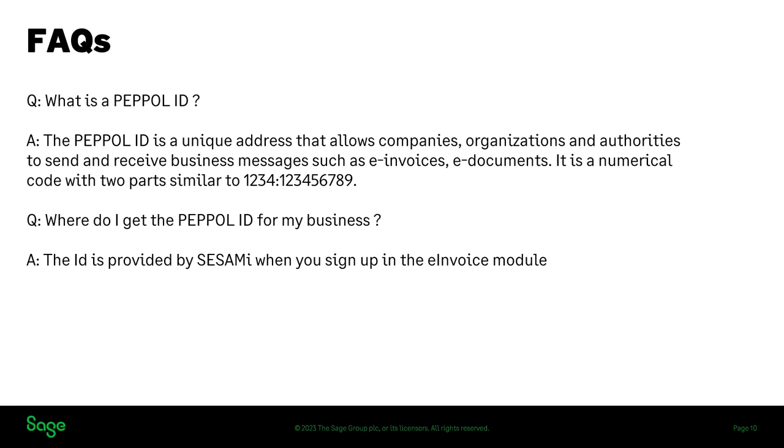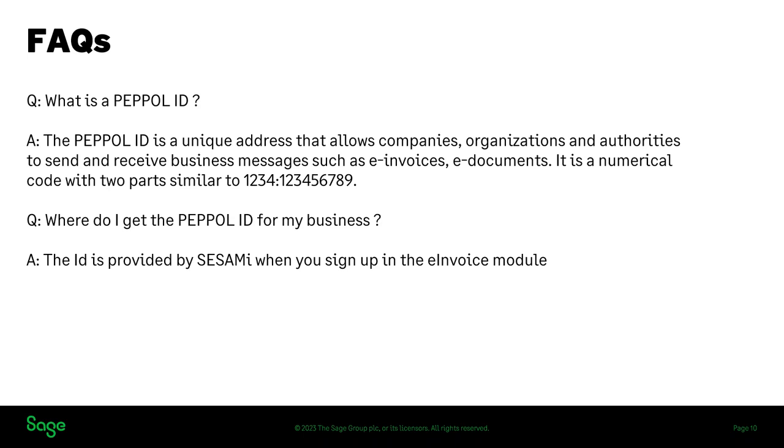It's unique to you as a business, and that number is recognized internationally, right? So if one day North America adopts PEPAL and you're doing business or trading with us, then the PEPAL ID you have will be known to organizations in North America, as an example.